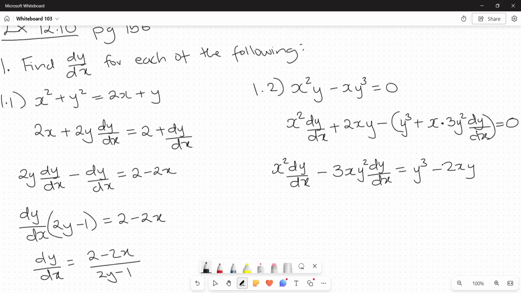All right. Then we are going to factor out dy/dx. x squared minus 3xy squared. This is equal to y cubed minus 2xy.